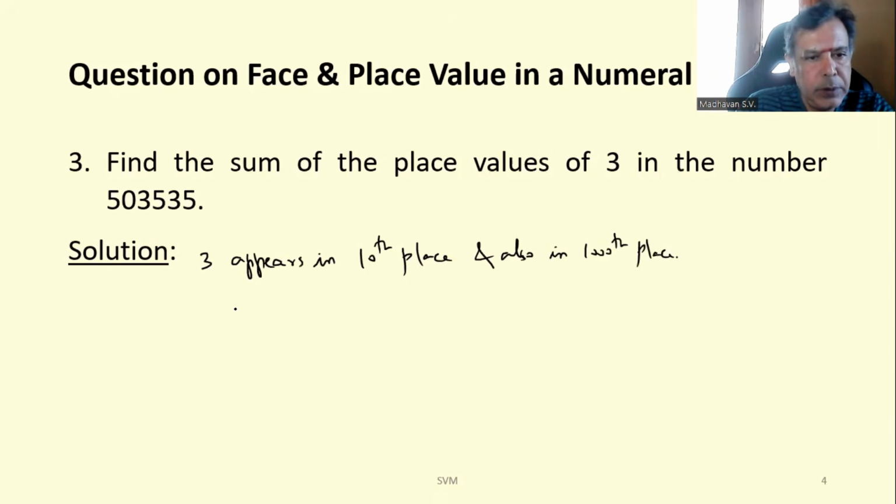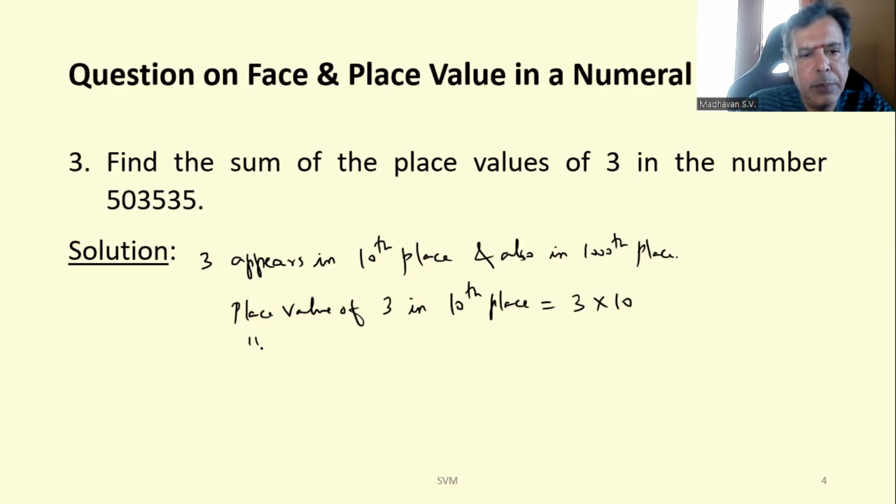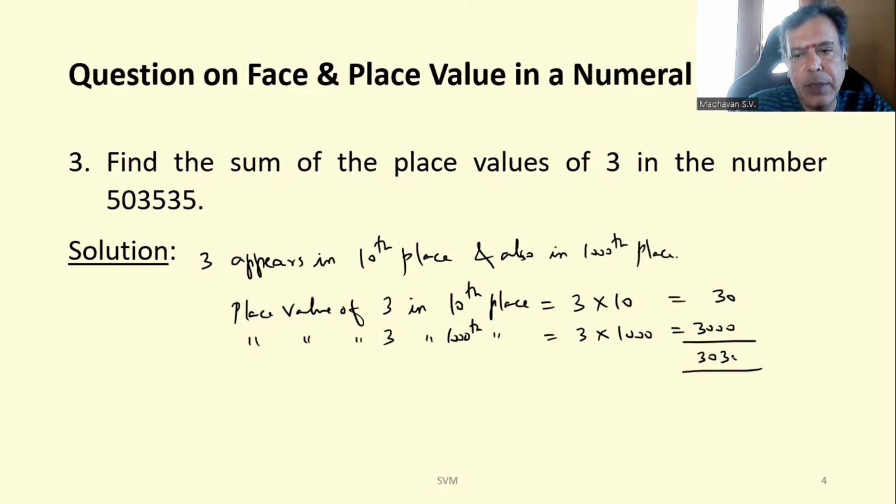So the place value of 3 in the 10th place will be 3 into 10, which is 30. The place value of 3 in the 1000th place will be 3 into 1000, which is 3000. Now the sum of this will be 3030. That is the answer for this. Let us move on to the next.